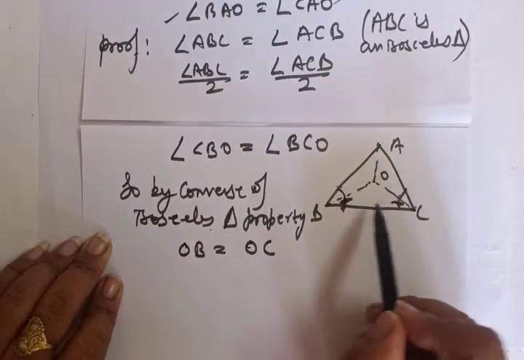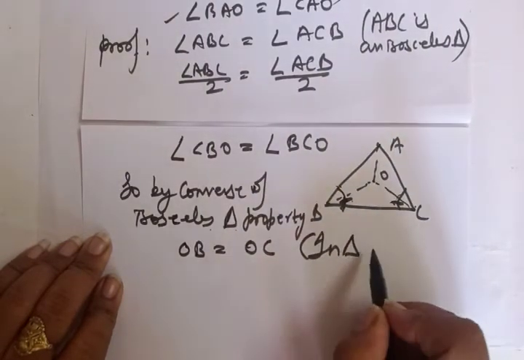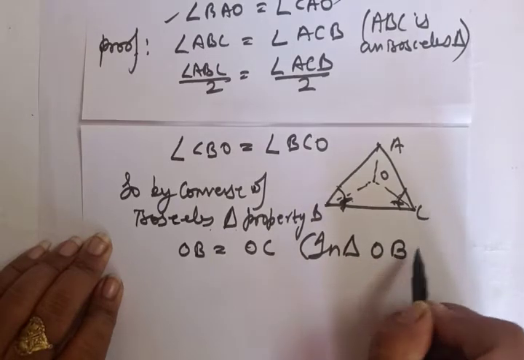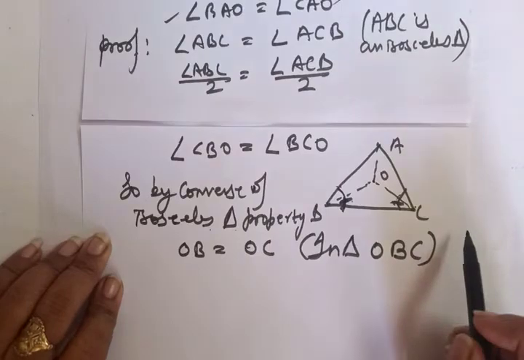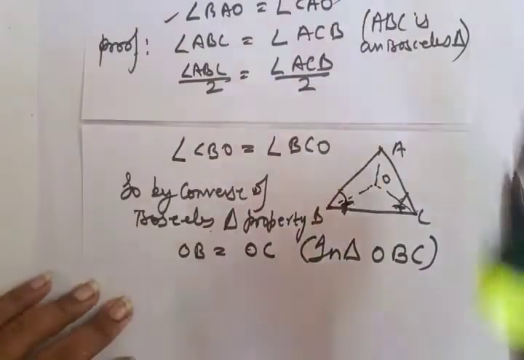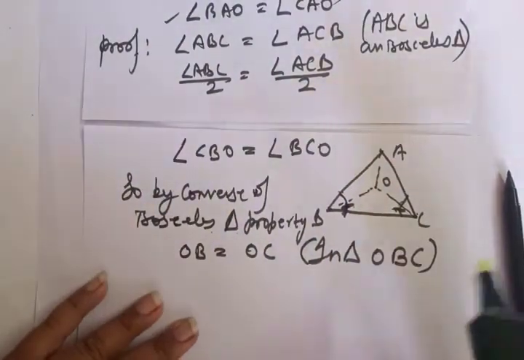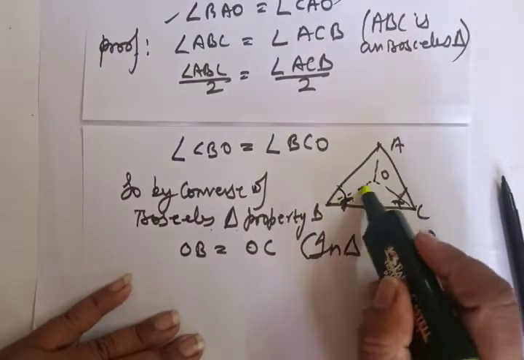Which triangle are we talking about? Triangle OBC, this triangle.